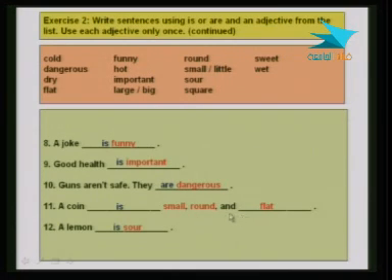And then we use the word and before the last adjective that we have. And the last sentence, a lemon is sour. Okay? That is the end of this exercise.